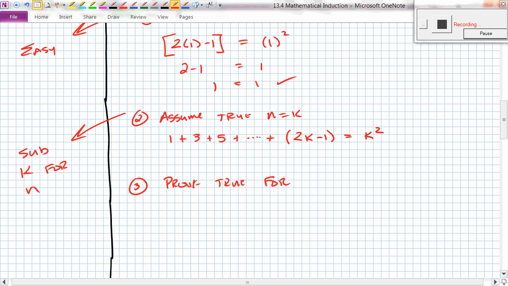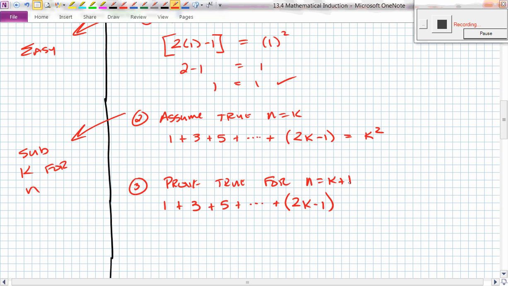So here's what we do. We write out 1 plus 3 plus 5 plus and so on, all the way up to 2k minus 1. I copy identically what I have up there in step number 2. And then I pause and I take a break, and a breath. Then I need to go up to n equals k plus 1.